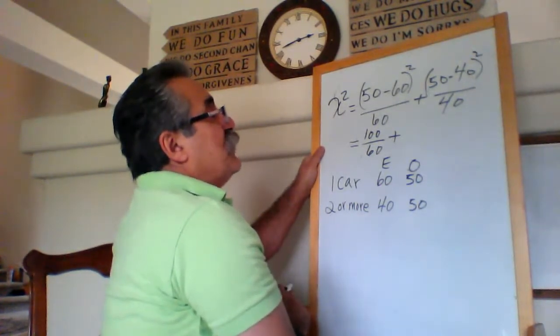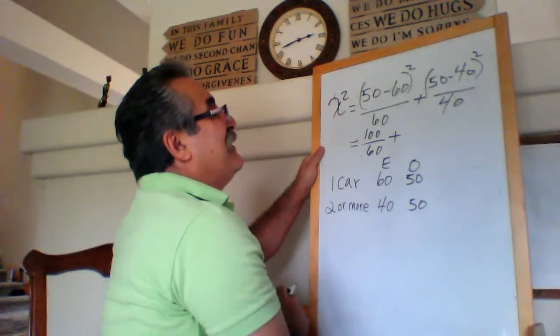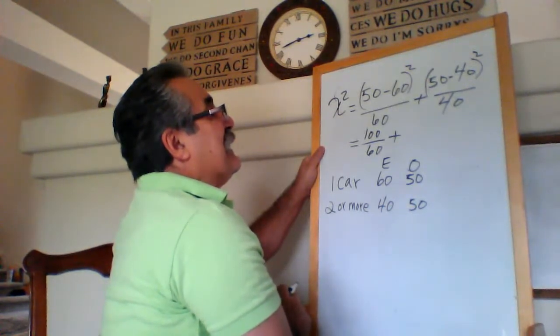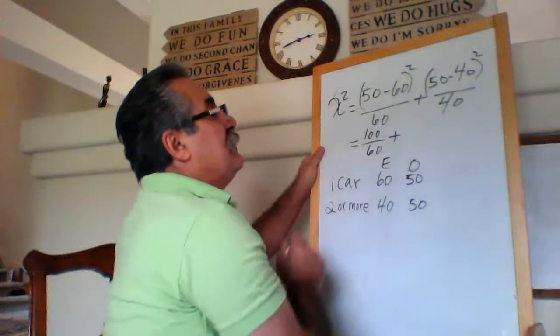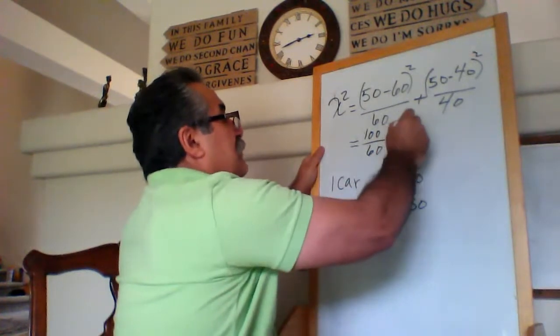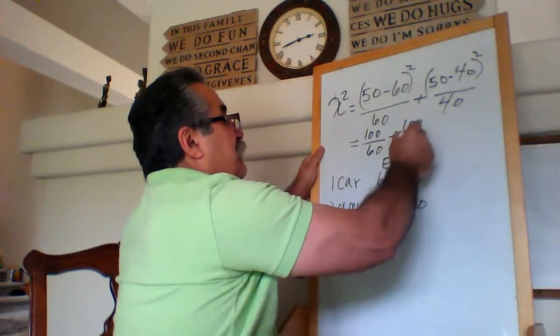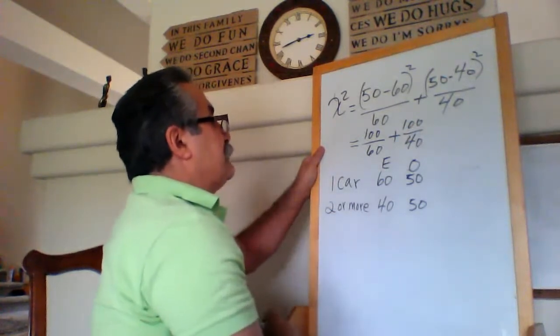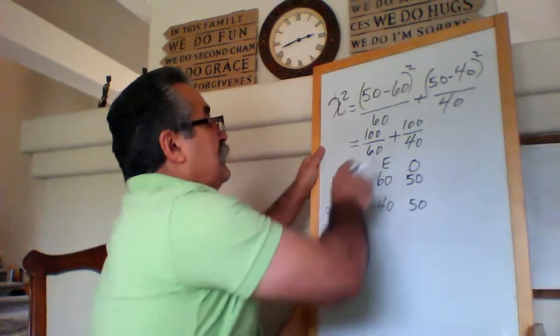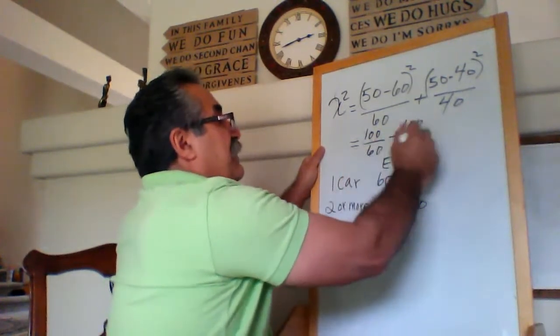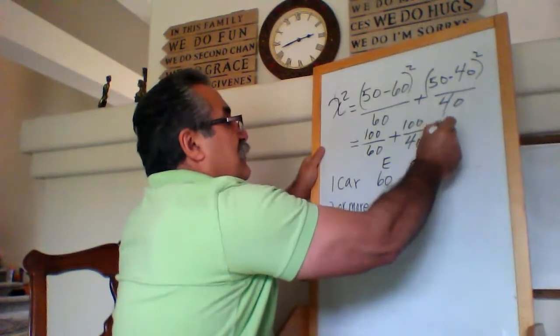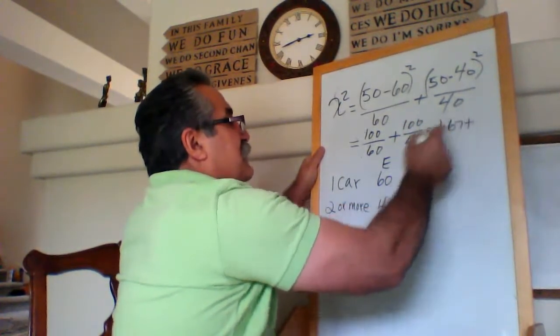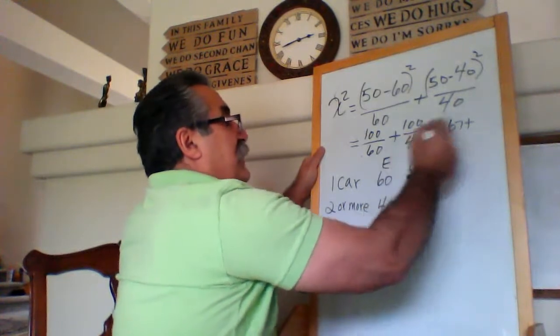So 50 minus 40, that's 10. And square, that's 100 divided by 40. So this is 1.67 plus 2.5.